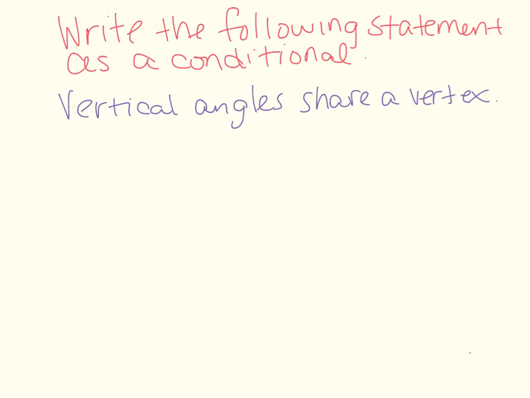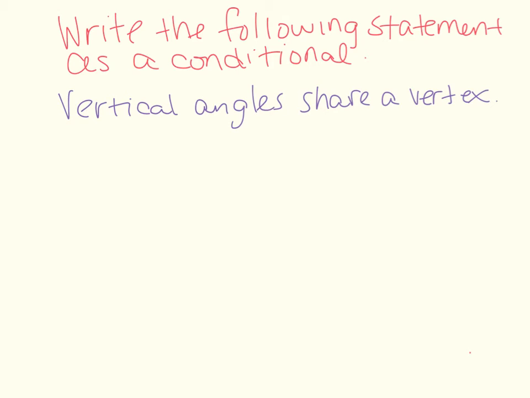Okay, so here's an example of how to take a statement that you are given and turn it into a conditional statement. Remember that if you know the conditional, you can write everything else. So sometimes it'll say, what is the conditional, inverse, converse, and contrapositive? Well, you want to start out with the conditional because that's basically your step one, and then you can turn that into everything else.